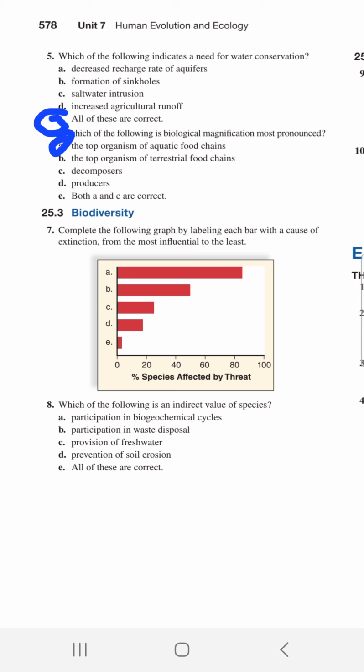Question number 7. Complete the following graph by labeling each bar with the cause of extinction from most influential to the least. So the most influential cause for extinction is habitat loss. So it will be A, with almost more than 80%. And then it is going to be alien species.